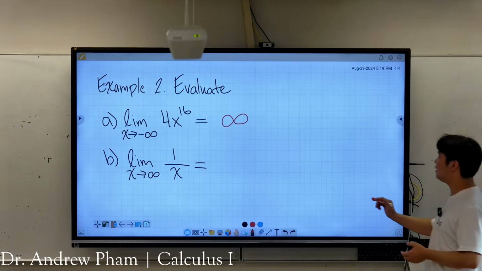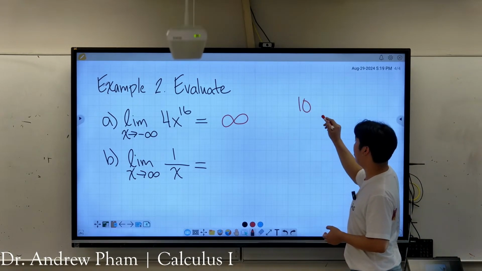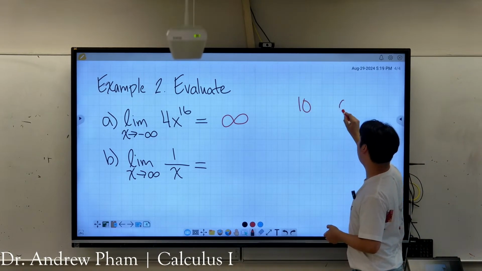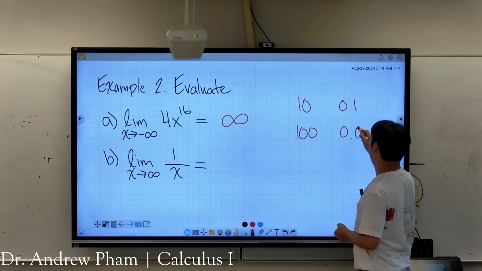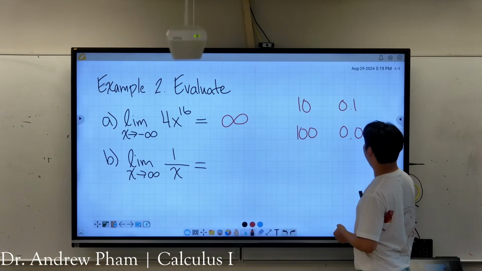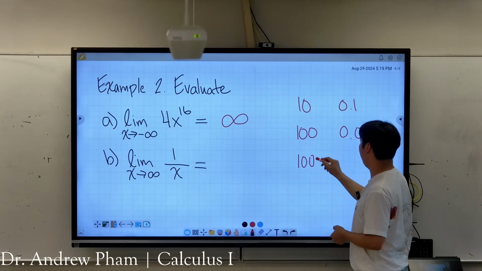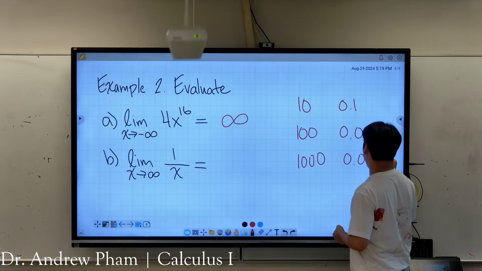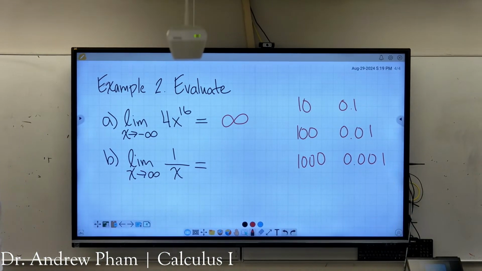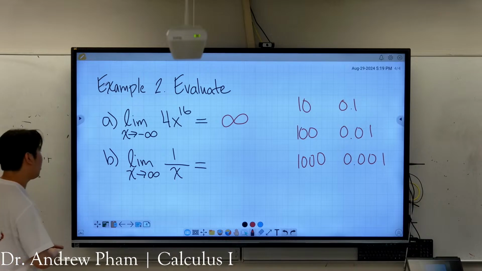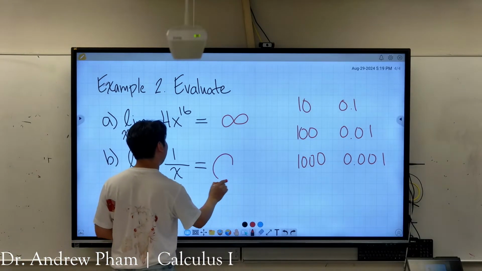So if I plug in 10, for example, I would get 0.1. If I plug in 100, I get 0.01. 1,000, 0.001. What's happening as I increase my plug-in? What number am I getting closer to? 0. So I'm going to claim this one is going to be 0.